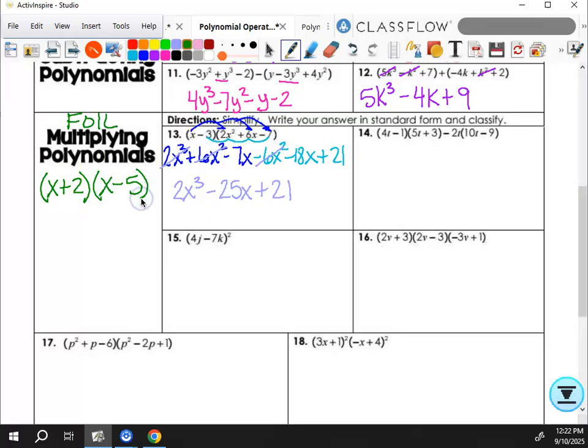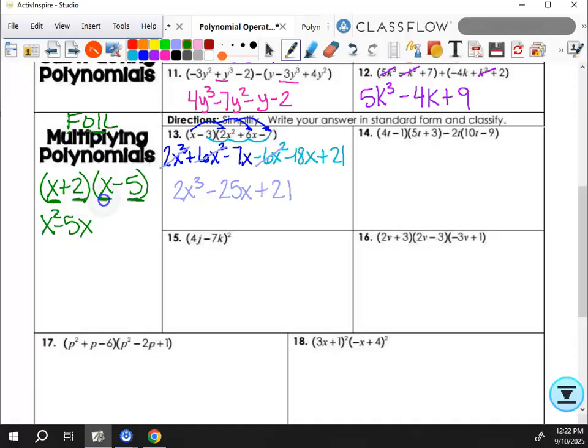Okay. So FOIL stands for, the F stands for first. So I multiply the first two terms together. So x times x is x squared. What does the O stand for? Outside. So x times -5, so that's -5x. What does the I stand for? Inside.